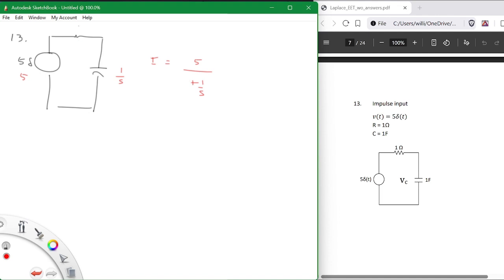This is a 1. So it's equal to 5 divided by 1 plus 1 over s, or 5 over s plus 1. There's a 5s in the numerator, right? S plus 1. Now, what do you do with this?